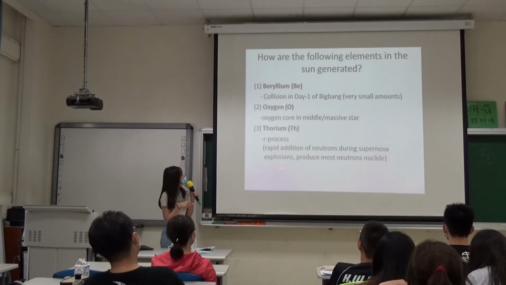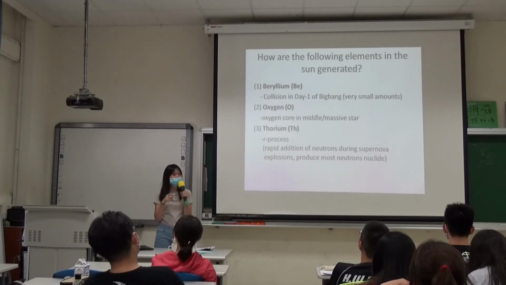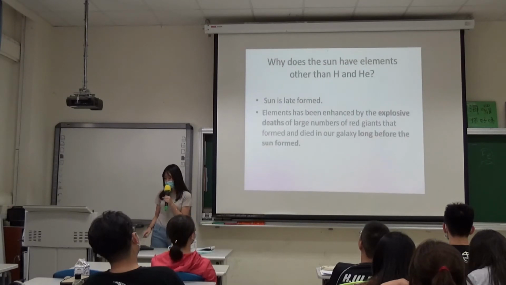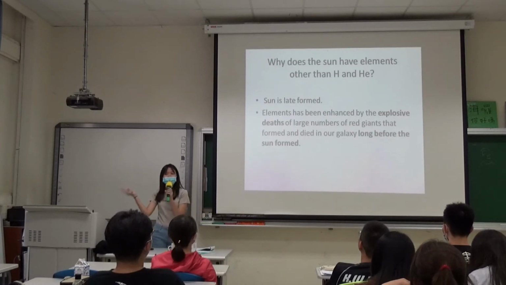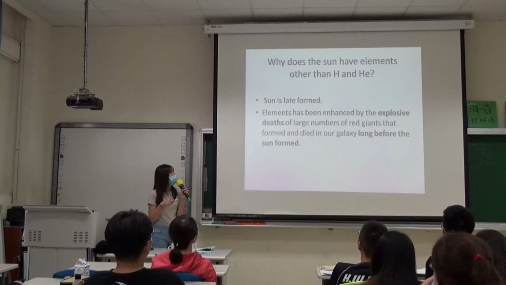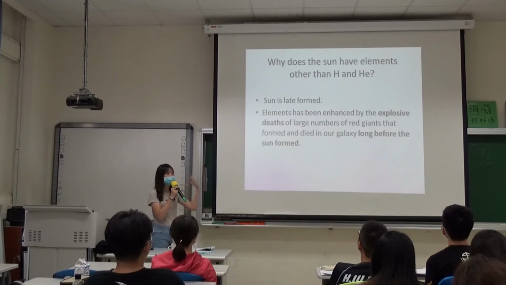All of these elements are found in the sun because the sun is a lab. The sun didn't make the elements, others made them. Some bigger, massive stars exploded much earlier, and the sun formed later in the universe.